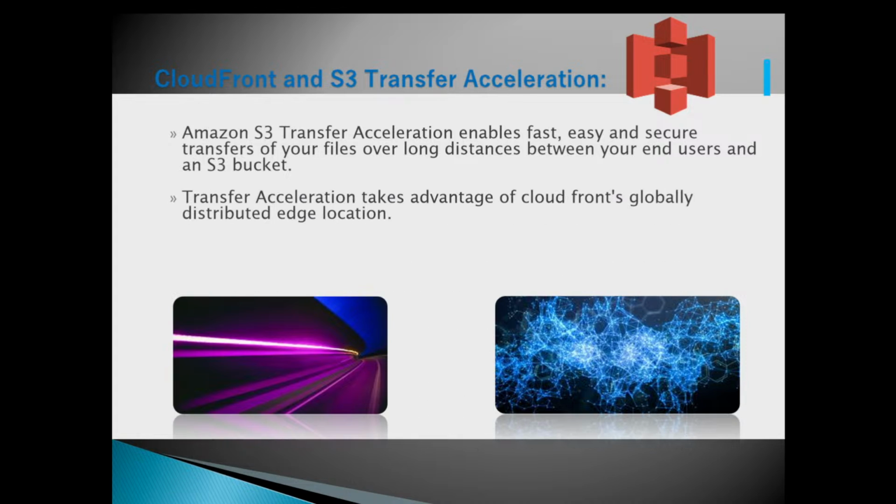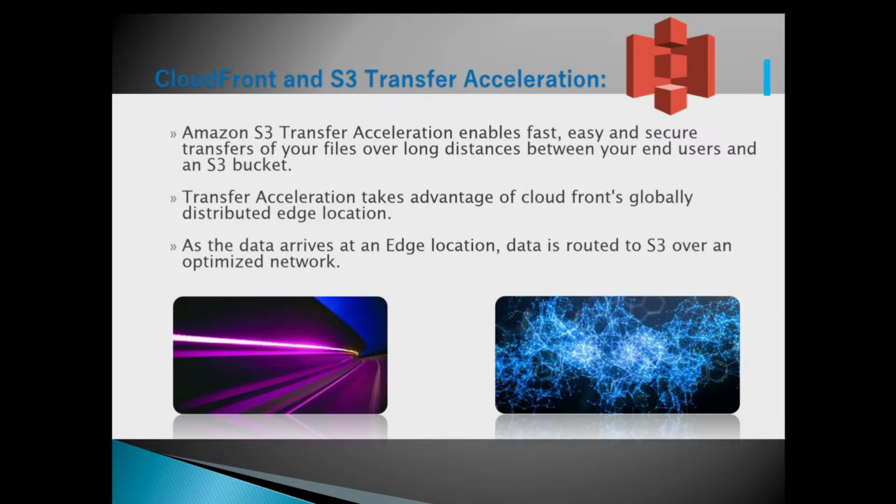So S3 transfer acceleration takes advantage of CloudFront's global distribution of edge locations. ये हमने कल भी पढ़ा था, right? Your data will be uploaded to the edge location and it will be transferred to S3. As the data arrives at the edge location, the data is routed to S3 over an optimized path. अगर आप S3 transfer acceleration enable करते हो तो.